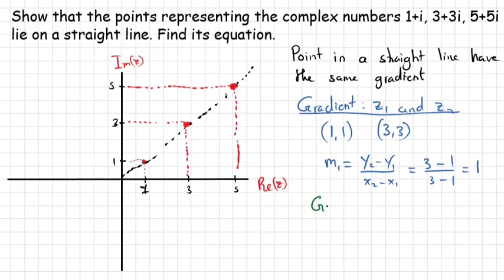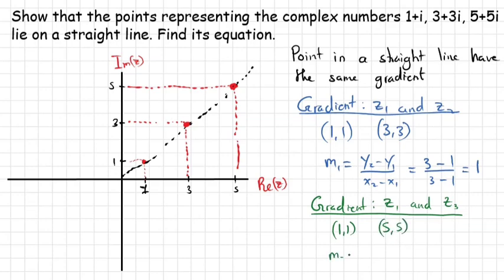So now let's find the gradient between another pair of points. You can choose any pair. So let's say Z1 and Z3. If you want, you can choose Z2 and Z3, it is still okay. So the coordinates, we have (1, 1). The other coordinate is simply (5, 5).